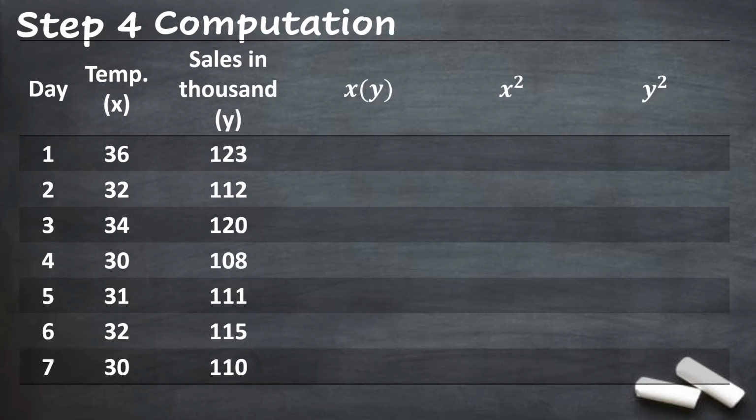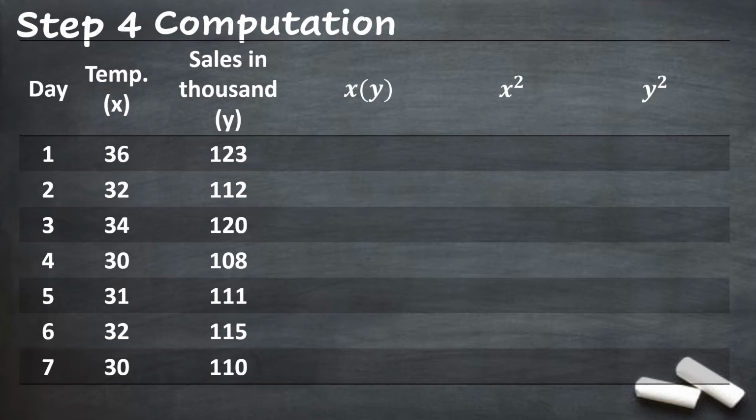And lastly, we also have to get the values for y squared since in the given formula we have to get the summation of y squared. Next is to solve for each given data in the given columns, and then after solving all the data for each column, all we have to do is take the sum of each column.